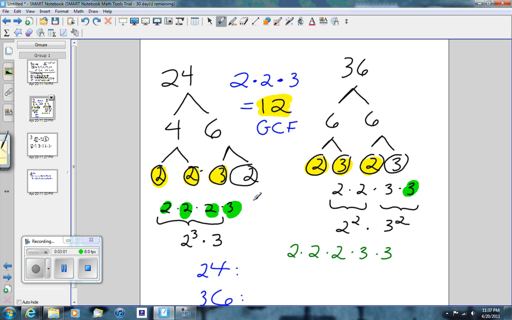If you multiply all these together, 2 times 2 is 4, times 2 is 8, times 3 is 24, times 3 is 72. 72 turns out to be the lowest common multiple of 24 and 36.